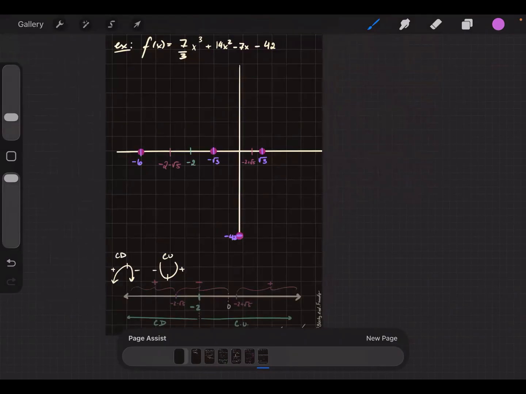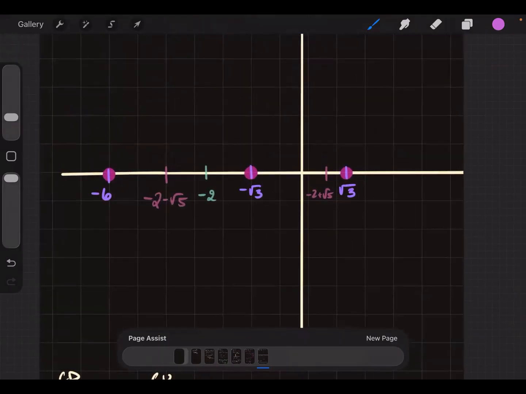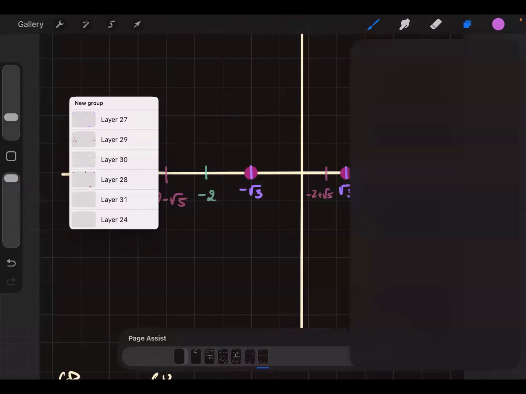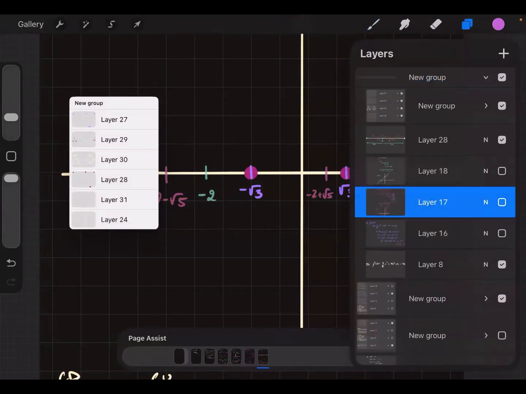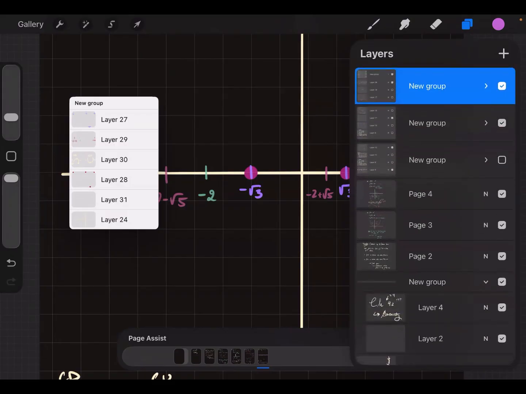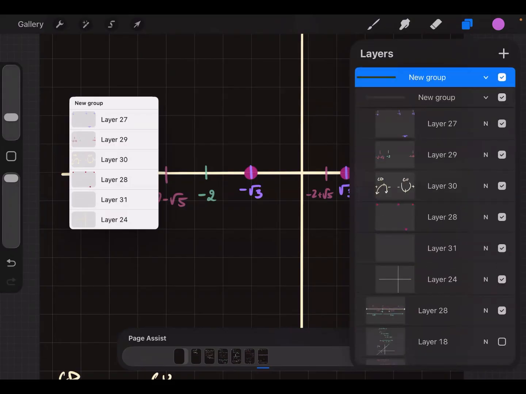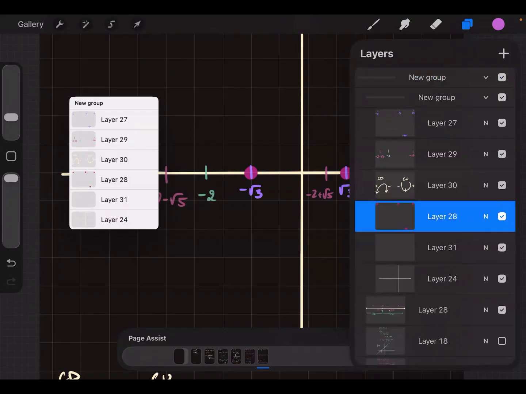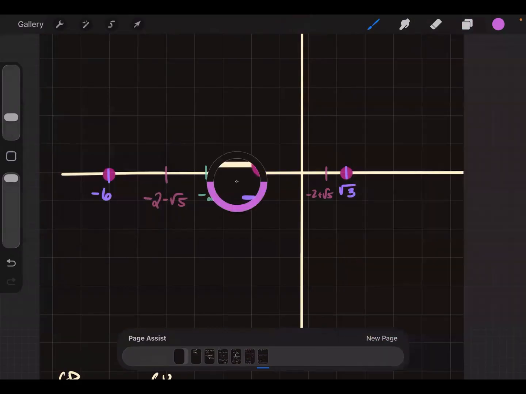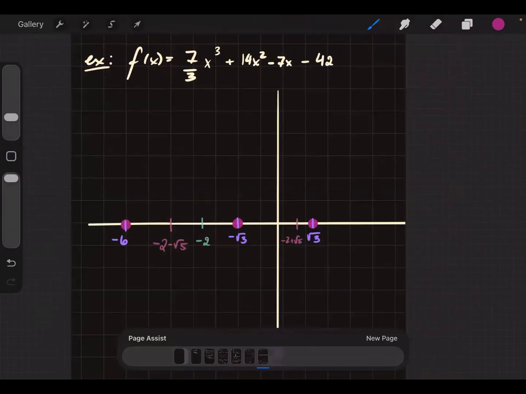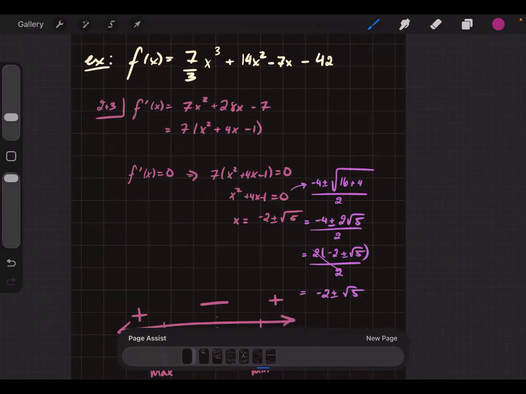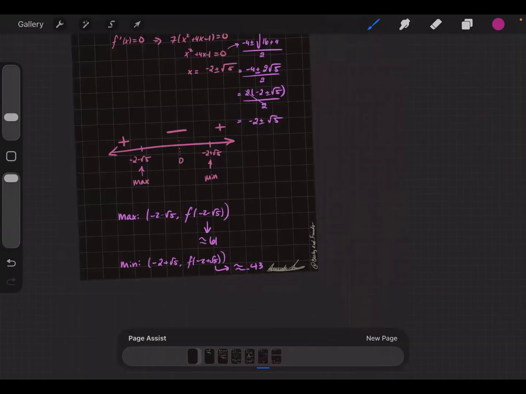Okay. So back to the graph. So we established the zeros. Let's put in our mins and maxes. Where's my graph? Yeah, here she is. Our max is going to be at -2 minus root 5, to about 61 and a half.